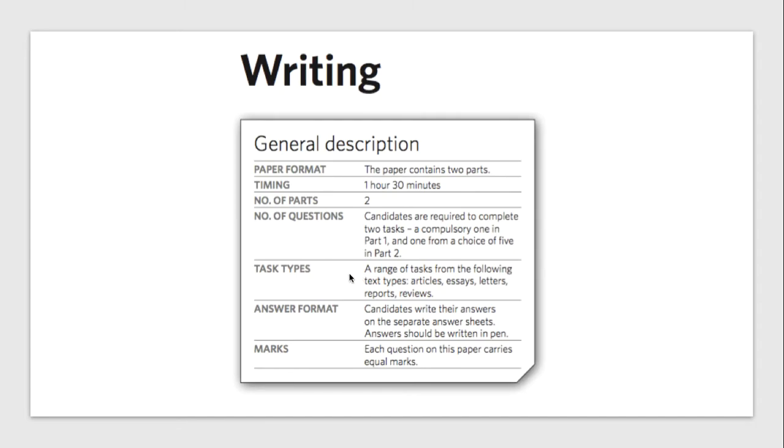These range from, for example, essays, articles, letters, reviews, reports, and thus the tone of voice will differ as well. And the 2 parts are equally weighted, so they're each worth 50% of the final mark.